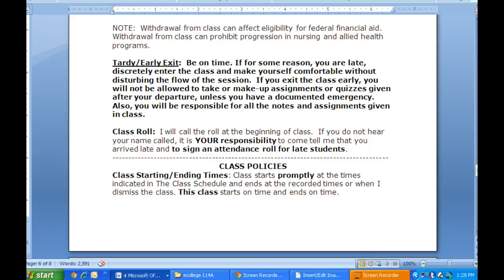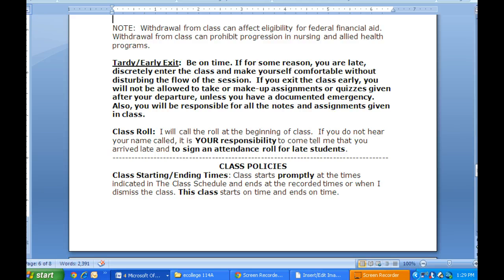Being tardy or late or leaving early may cause you to miss things, and that's something that's your responsibility. If you do have to come in late, please come in and make yourself comfortable quietly and try to listen and figure out what's going on. If everyone's working, please come up and see me right away so that you can find out what they're working on.